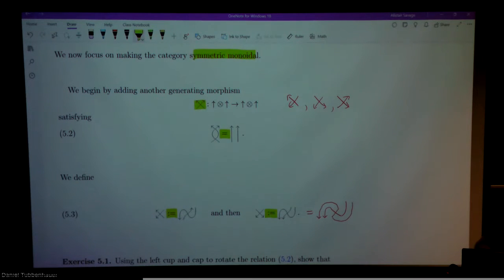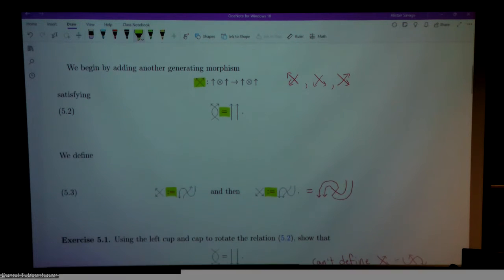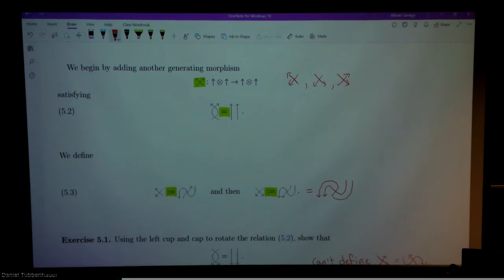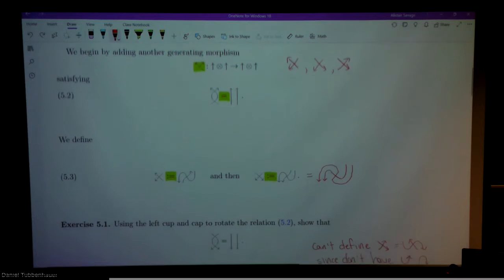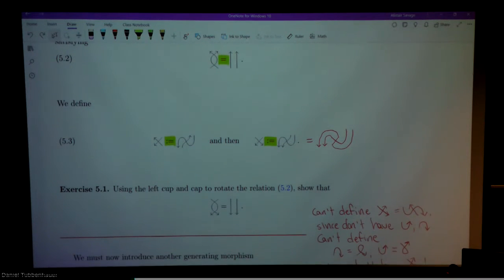And similarly, we can define the down crossing to take the left crossing and rotate it one more time. Or if you want to go directly from the upward crossing, we take the upward crossing and we rotate both of the legs around. Okay, so now we have a left and a downward crossing. But we need these to satisfy the analog of this relation, that we can pull strands apart with various orientations. Well, one of those comes for free already, so I left this as an exercise.